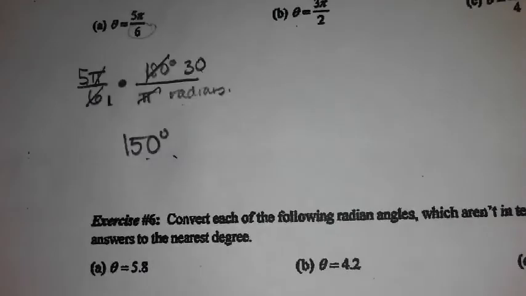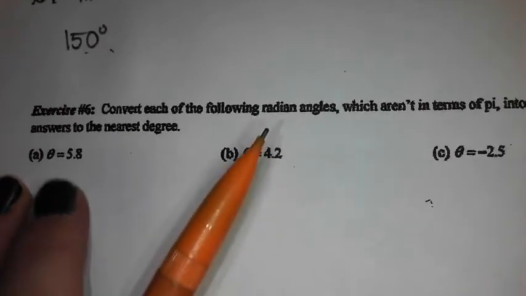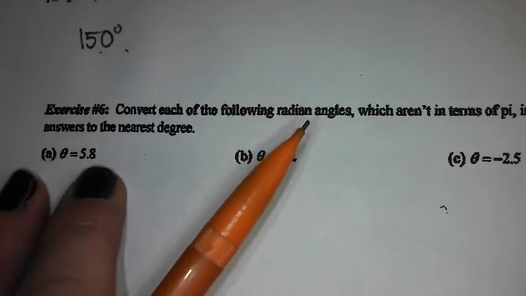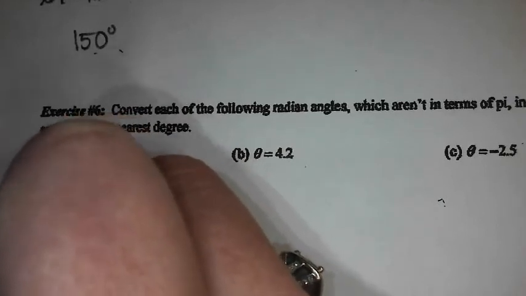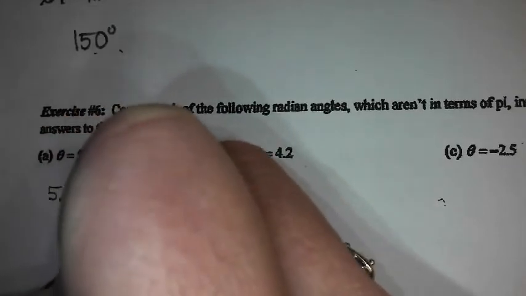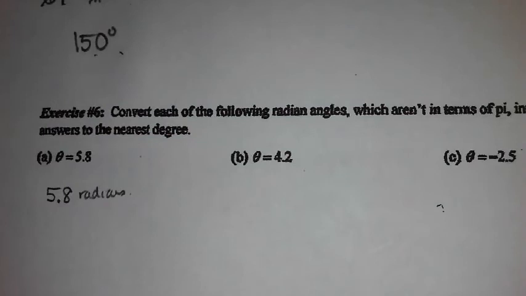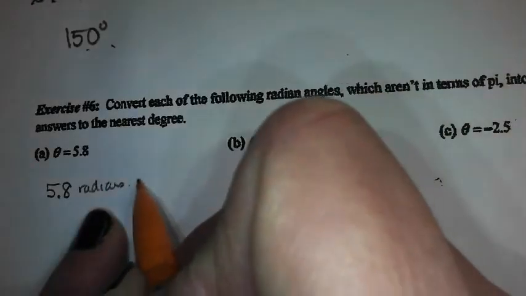Let's jump down to exercise 6. Again, these are radians, but these radians don't have a pi attached to them. That's not a big deal. It's just this is 5.8. You might want to write the word radians to remind yourself that that's in radians. If it's in degrees, there would be a degree symbol. If there's not a degree symbol, you just assume it's in radians. So here's 5.8 radians.